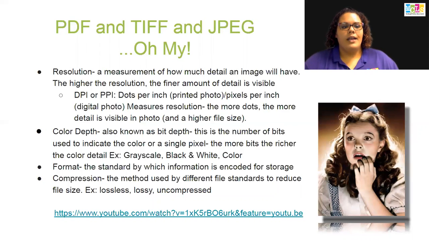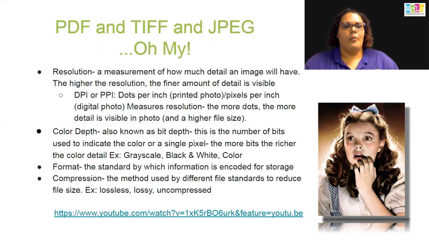The next one's color depth, also known as bit depth. So you may not see this one as much, but it's the number of bits used to indicate the color of a single pixel. The computer reads in ones and zeros, so it uses the numbers to indicate how many are used for each pixel.